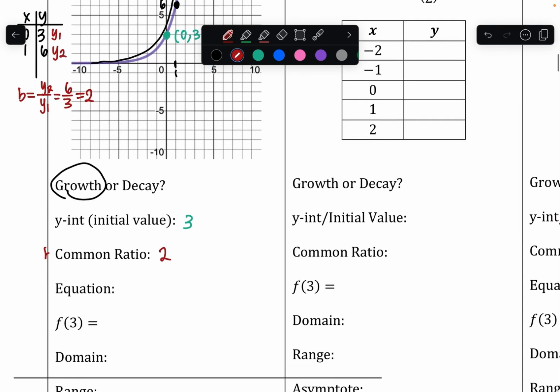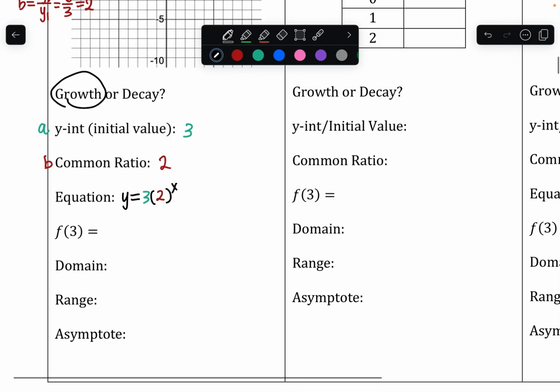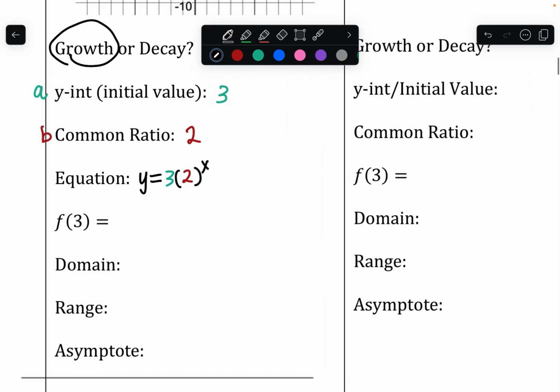Okay, so we have our common ratio, which is 2, and our y-intercept. Now that we have our a and our b, we can write our equation y equals a times b to the x power. Don't switch those. Your y-intercept goes first, your common ratio goes second.